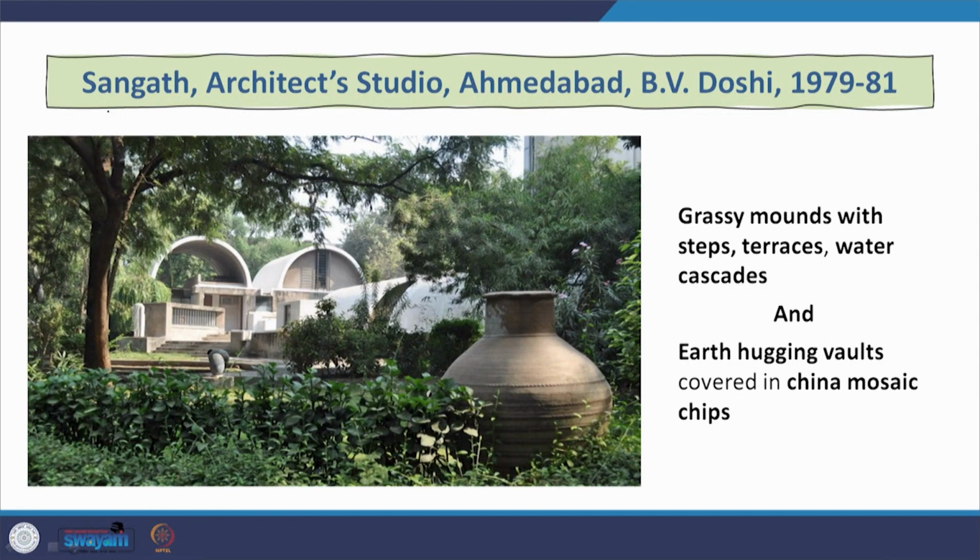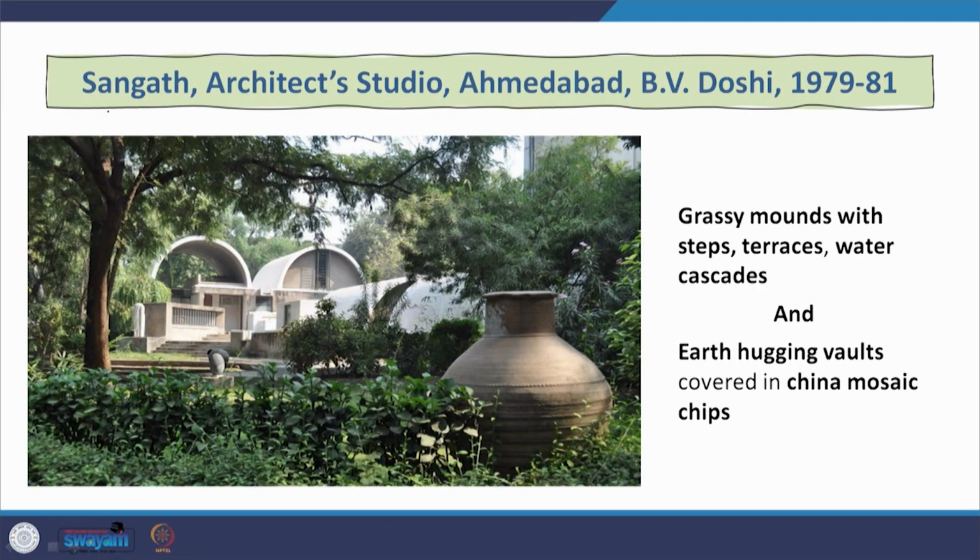And then we come to one of the most interesting, remarkable buildings in modern Indian architecture, the Sanghat, the office of the architect B.B. Doshi from 79 to 81, grassy mounds with steps, terraces, water cascades, making it a beautiful, serene, harmonious environment with nature, and it is not the building that stands out as a remarkable form, but actually the building organically merges with the surrounding landscape.